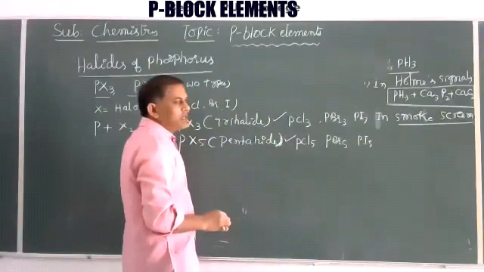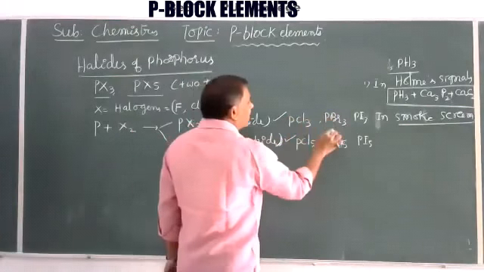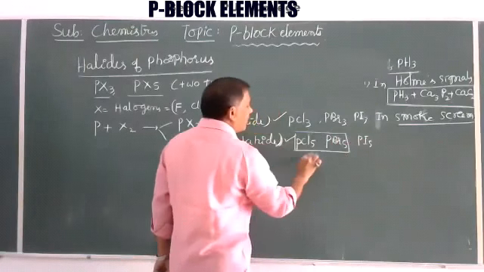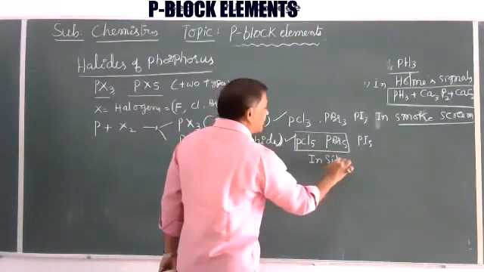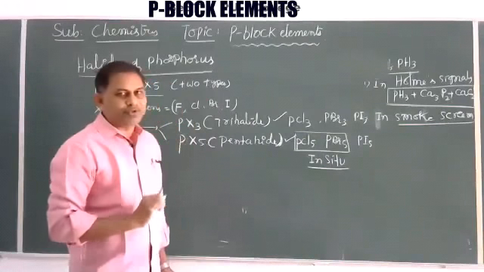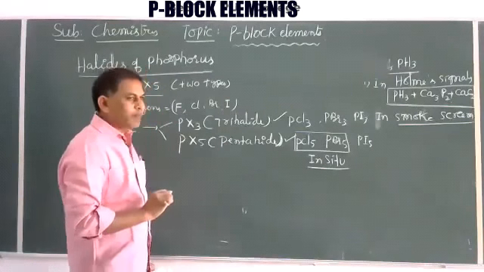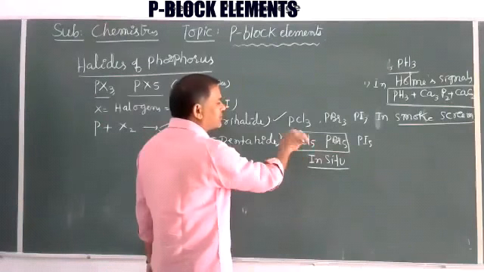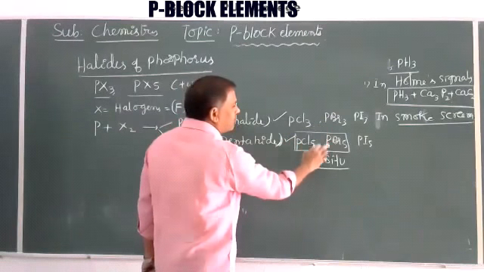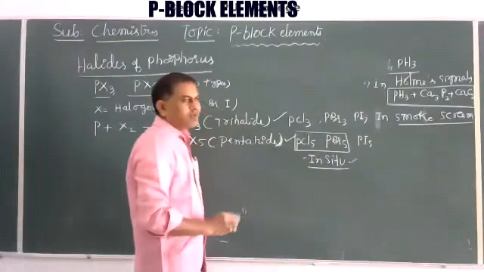While explaining organic chemistry, in haloalkanes and haloarenes, PCl3, PBr3 and PCl5 can be prepared in situ, as given in the NCERT textbook, for the preparation of haloalkanes from alcohols.